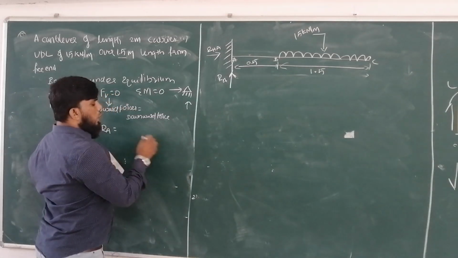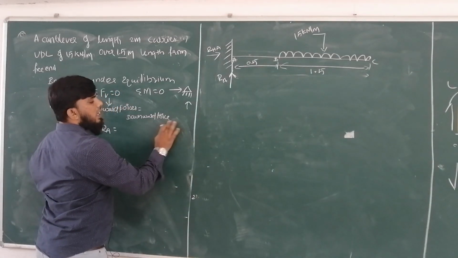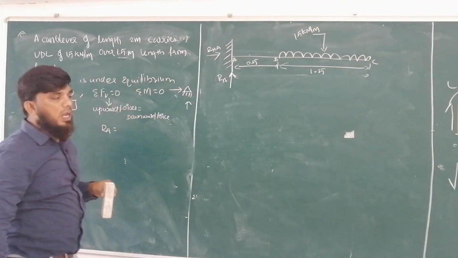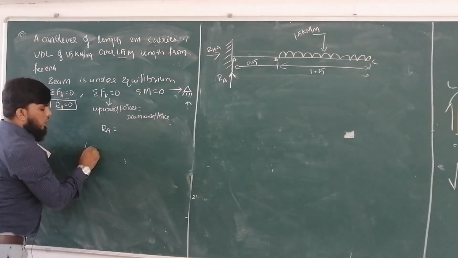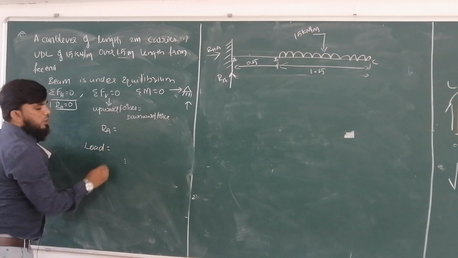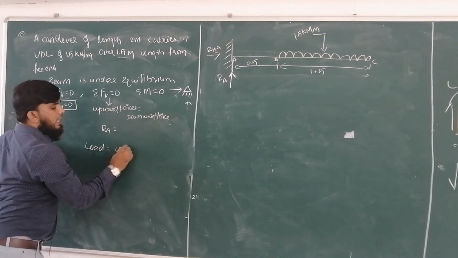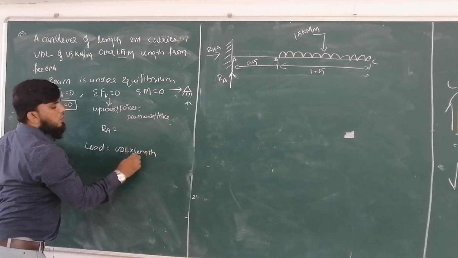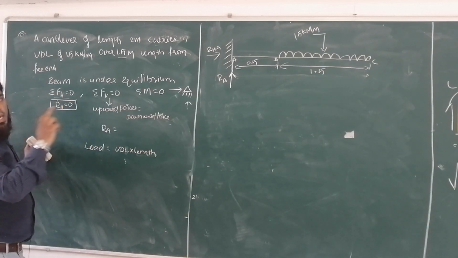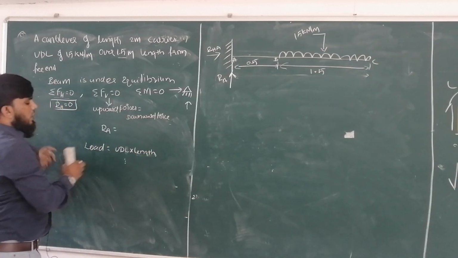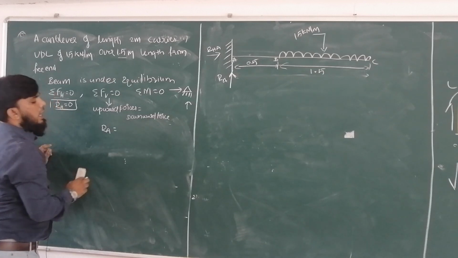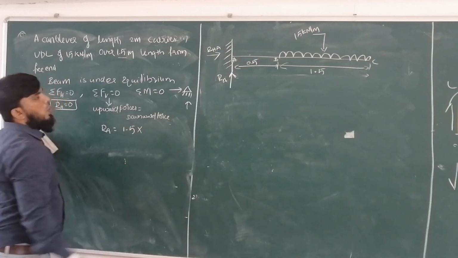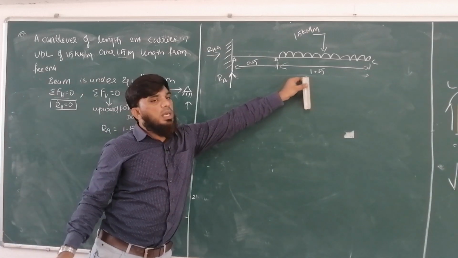We know the UDL unit is given in kilonewton per meter. When a UDL is given, the load is equal to the UDL into the length. So what length do we take? The length of the UDL.